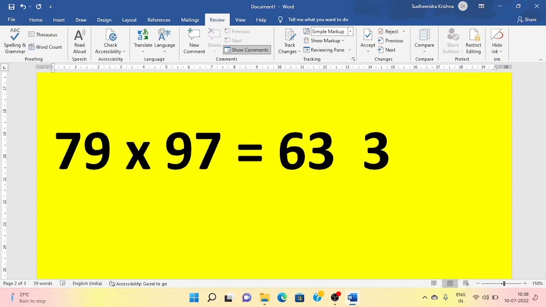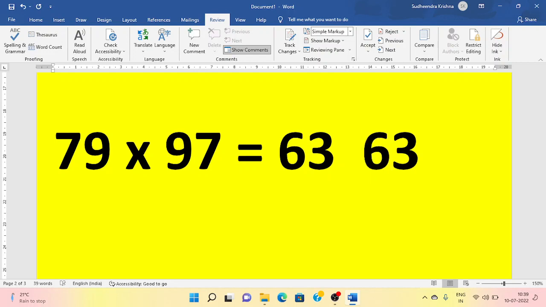So now to calculate the middle portion, you square 7 and 9 and add them. 7 square is 49, 9 square is 81. 81 plus 49 will give you 130. 130 plus you have carry 6. So 130 plus 6 will give you 136.